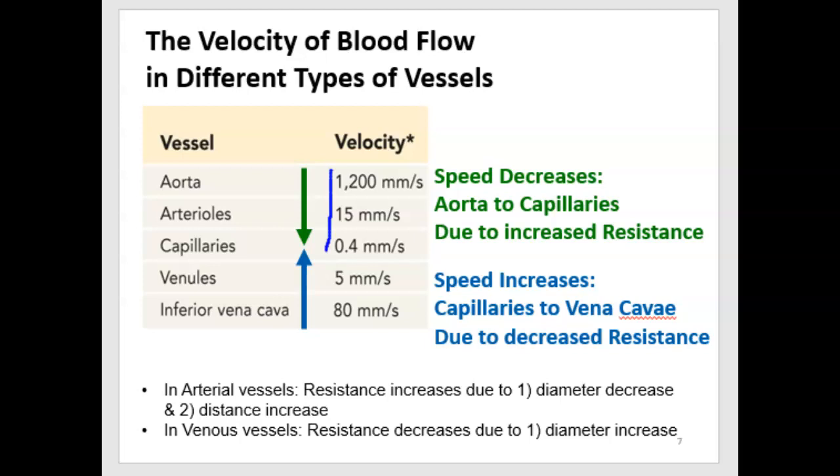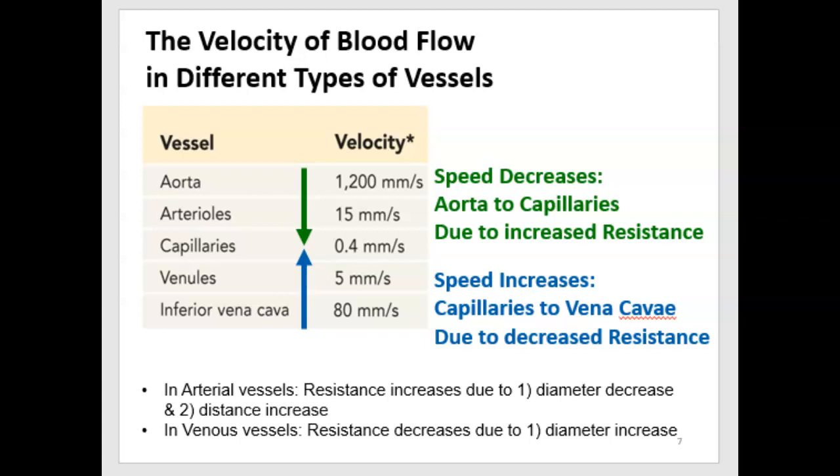Okay. This is due to the fact that resistance is increasing with length of the vessel, or the length the blood traveled, and the vessel diameters narrow over time. But then look at the values for velocity of blood as it travels from the capillaries to the inferior vena cava on its way back to the heart.